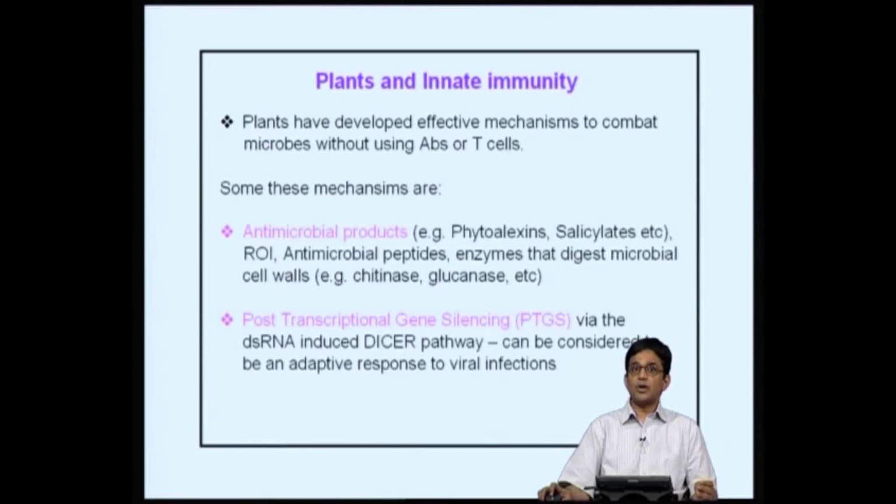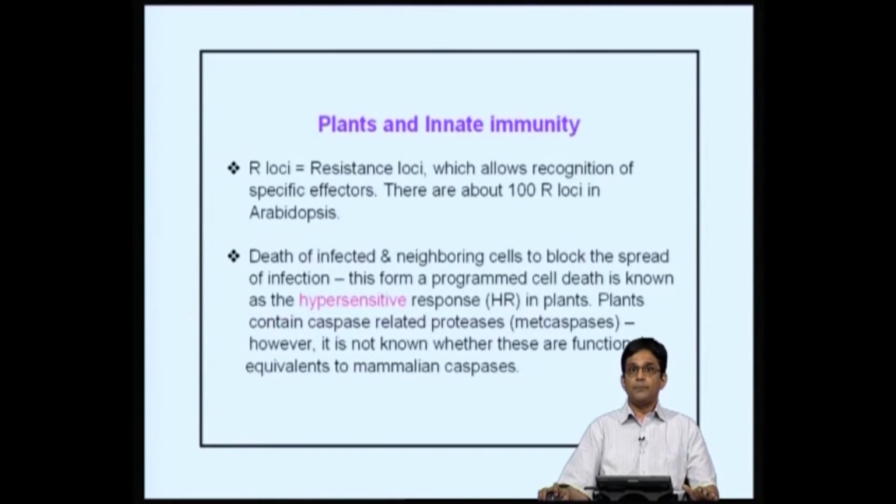First is the production of antimicrobial products, for example, phytoalexins, salicylates, antimicrobial peptides, enzymes, chitinases. They can also shut down transcription, and they do so by the dicer pathway. So, it will turn transcription down. Then you have what is known as the resistance loci or the R loci, which allows recognition of specific effectors.